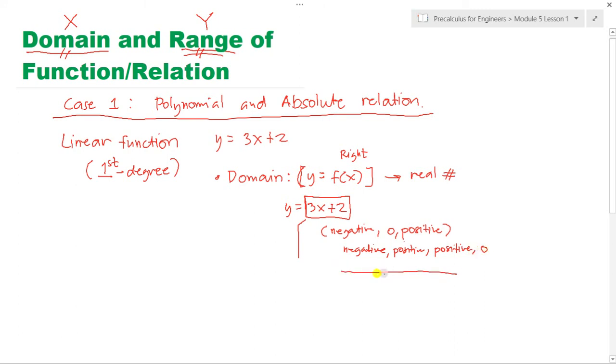On the number line, di ba, naa tay negative, naa tay 0, naa pod tay positive. So, unsay pasabot ni class? Our domain is, unsa man, based on this? Nga ang result sa atong right side is negative, positive, including 0. So, what does it determine, or what does it mean for our domain?